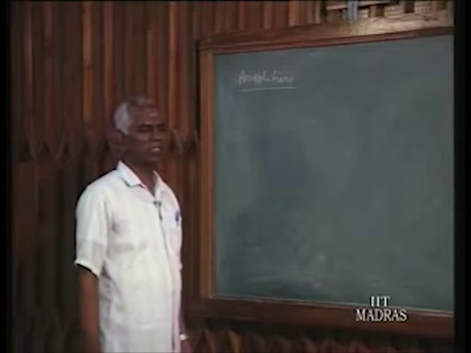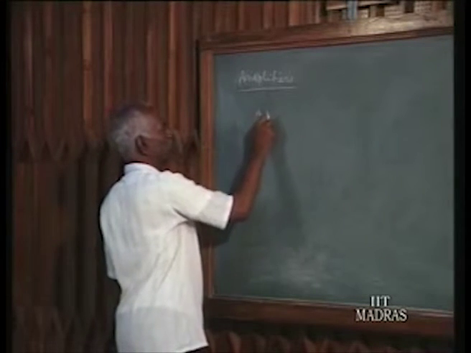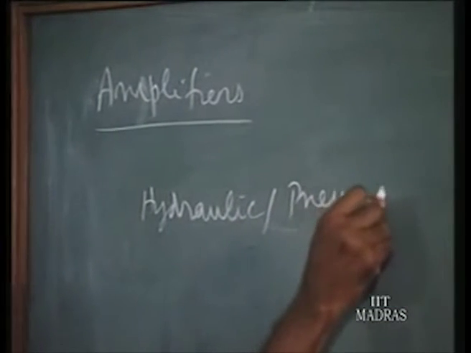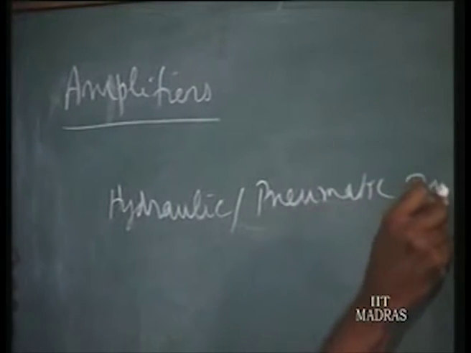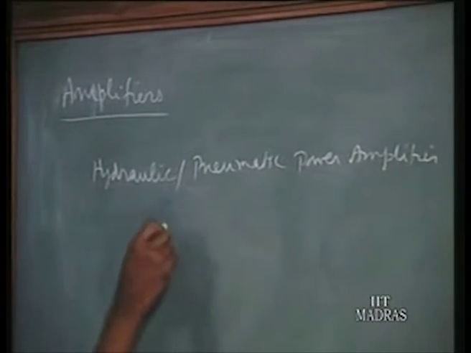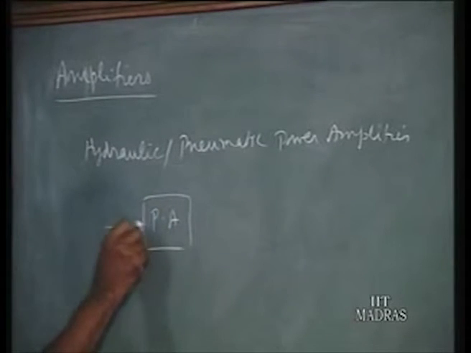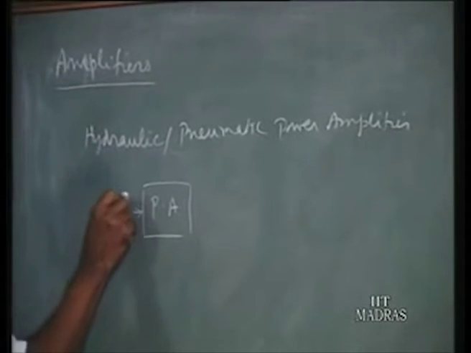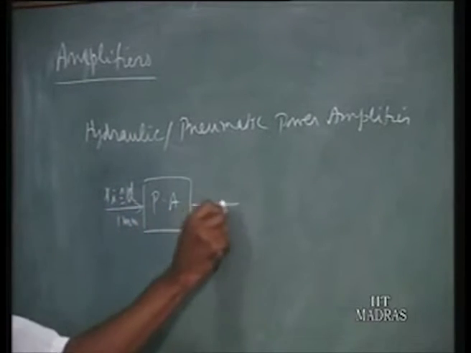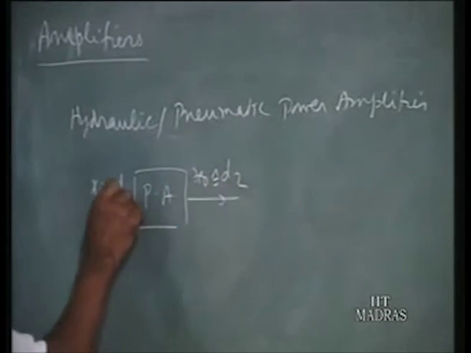Now, in the case of a mechanical displacement signal, probably we can take a hydraulic or pneumatic power amplifier. Suppose this is the power amplifier, say hydraulic or pneumatic, and we give an input displacement xi, say 1 mm, and the output also will be a displacement, d1 and d2.